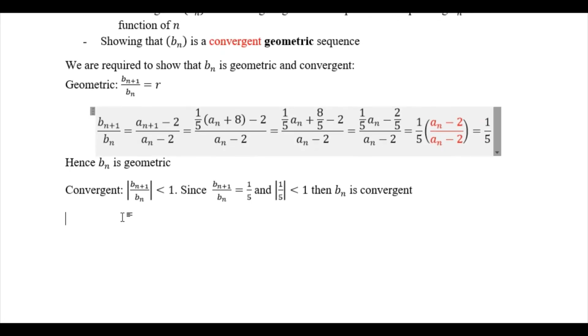Now we are expressing b_n as a function of n. Since b_n is geometric, we need the very first value of b.